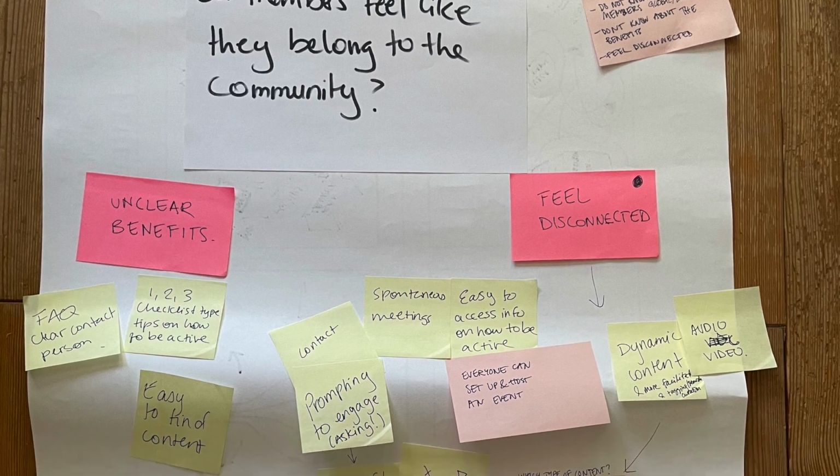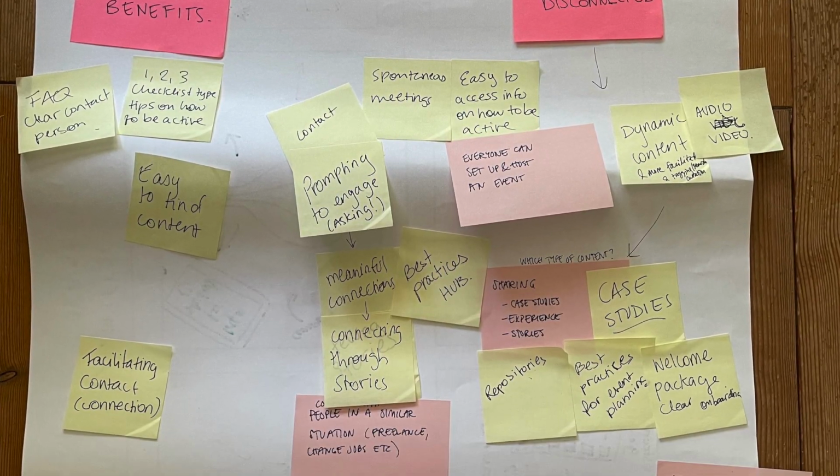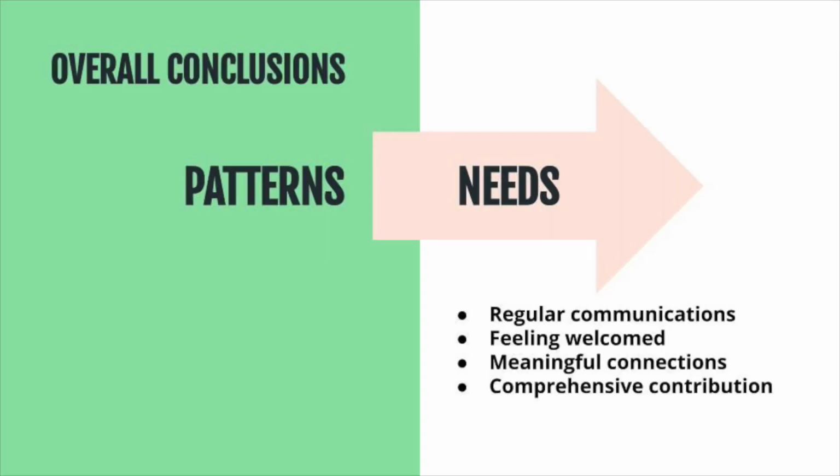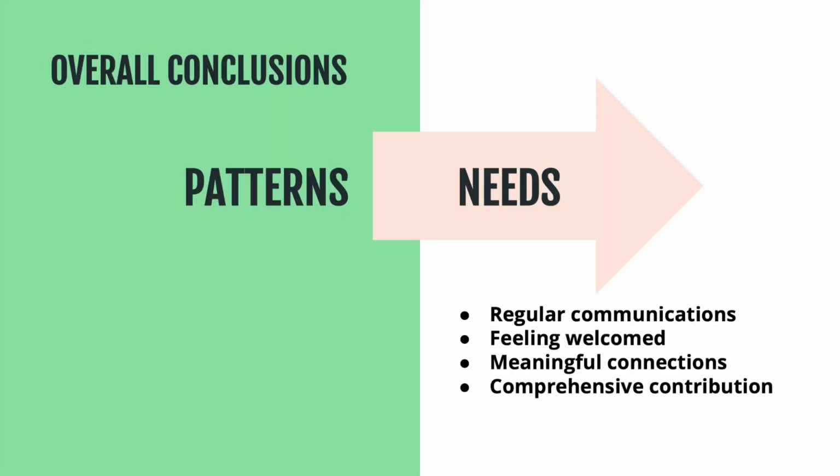And then we transferred these key nudges into 4 main needs that we identified from our findings. They were regular communication, feeling welcomed, meaningful connections, and comprehensive contribution. Those 4 build the framework.